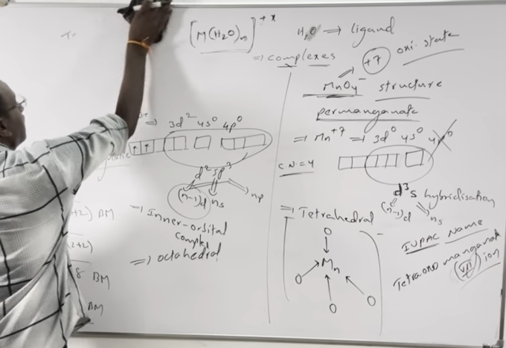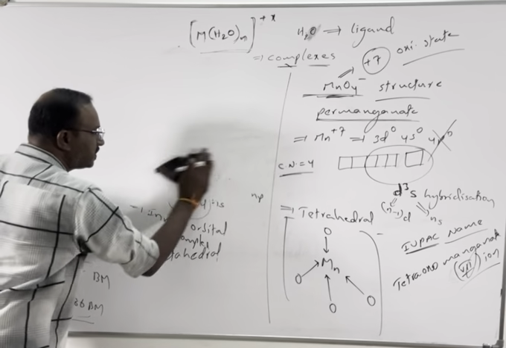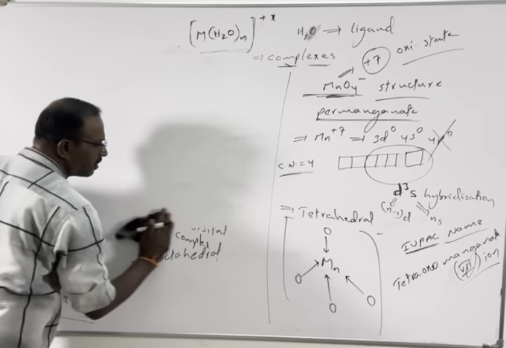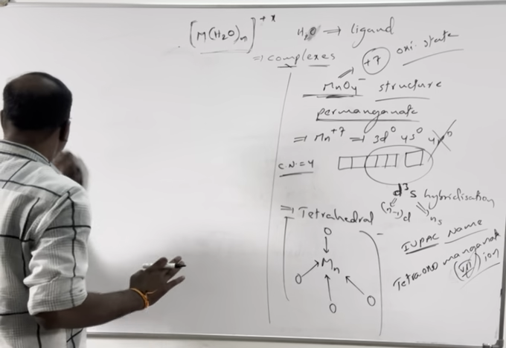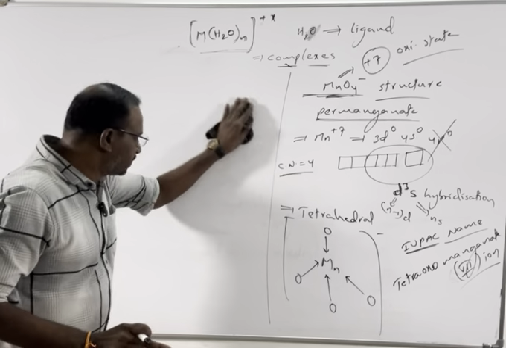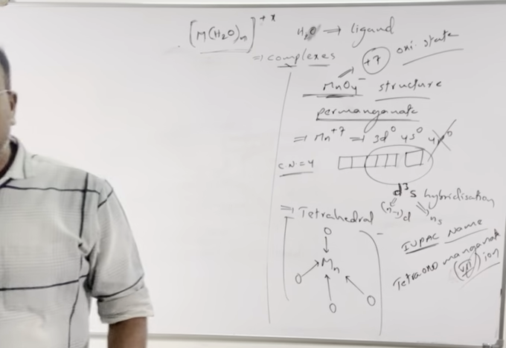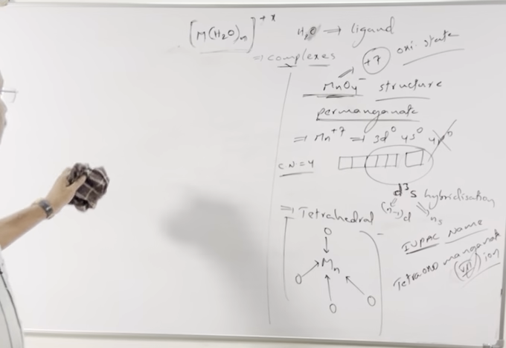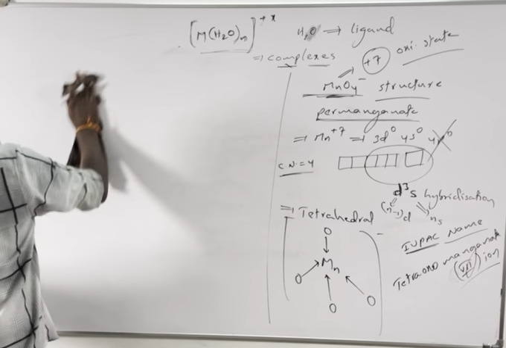That is Cr2O7 2 minus. Generally, we call it the dichromate ion. Here also, it is not a simple molecule. It is also a coordinate covalent molecule, not a simple molecule.